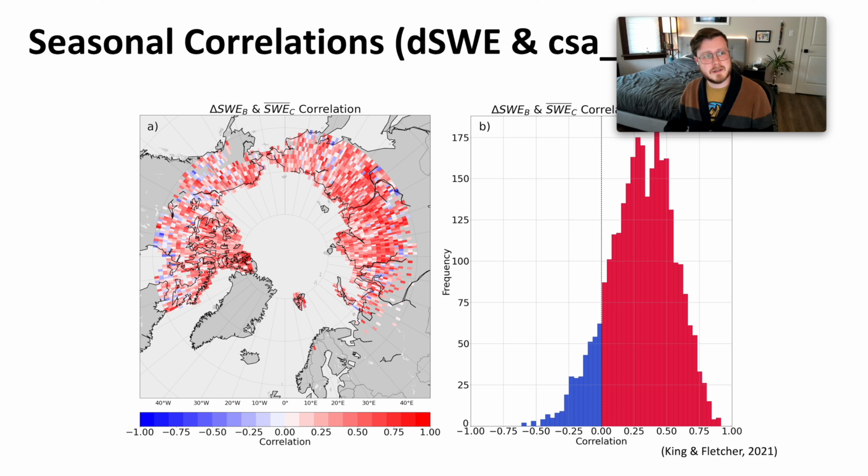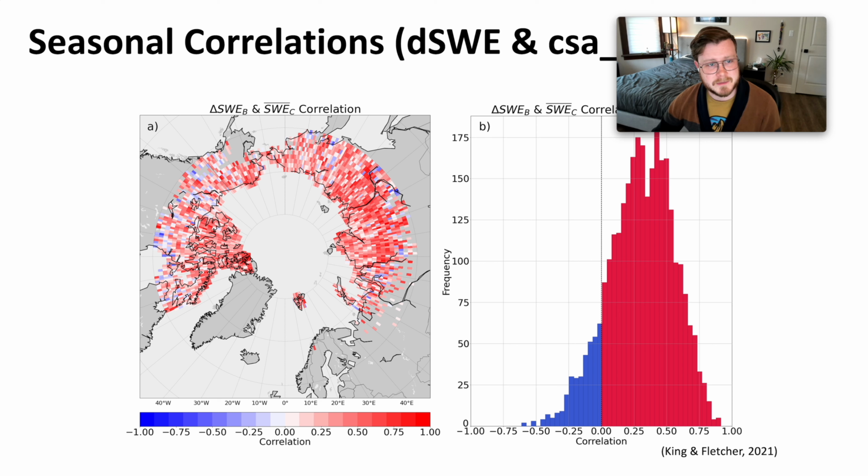And so what we're seeing here is the seasonal correlation comparisons over SON-DJF between the delta SWE B and the average CloudSat accumulation between the beginning of 2007 to the end of 2015, so approximately 107 delta periods. And what we find is generally a very positive overall correlation, which is quite good.